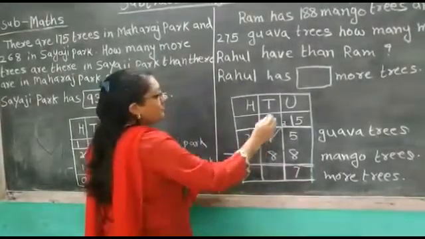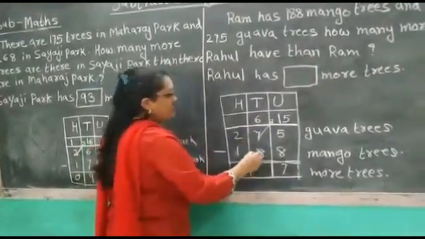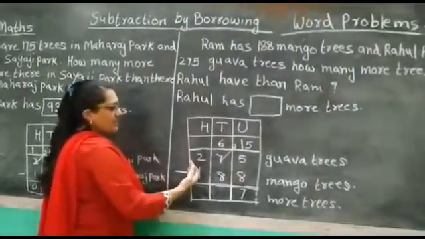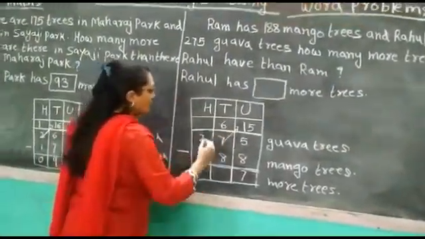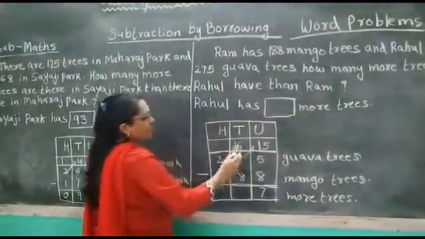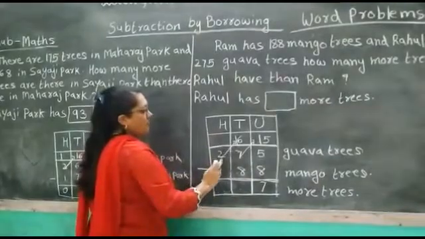Now here we cannot subtract 8 from this 6. Then again we will come to the 100 place and we will borrow 1 from this 2. So here I am borrowing 1 from this 2 from 100 place.